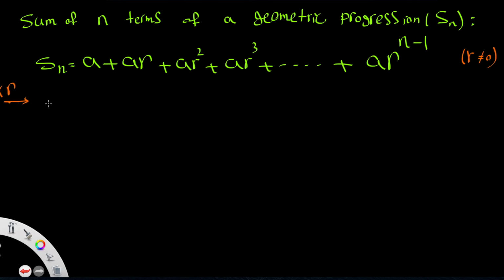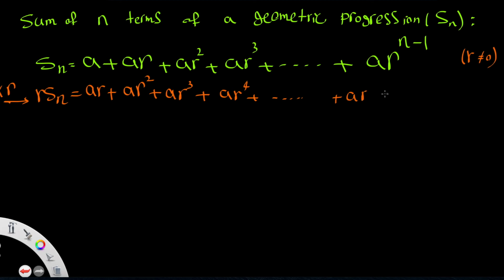So I multiply both sides by R, so it will be Sn multiplied by R, which is equal to AR plus AR squared plus AR cubed plus AR to the power of 4 plus, the one before the last one, AR to the power of n minus 1, plus AR to the power of n, because the term before this was AR to the power of n minus 2.